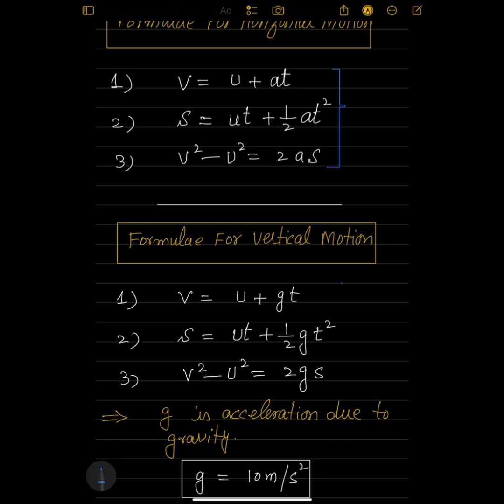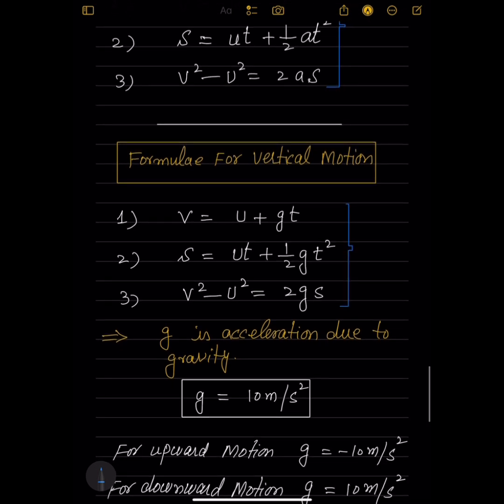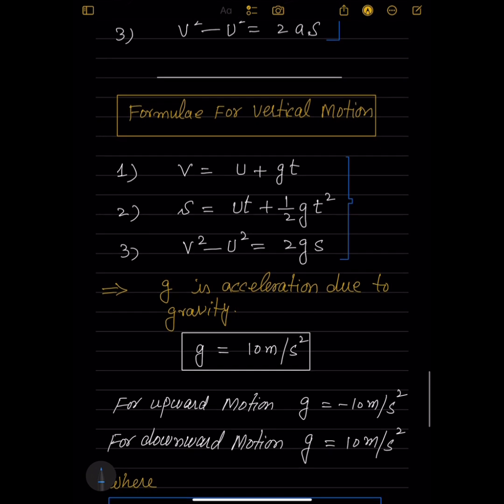So these equations are: first is v is equal to u plus gt. अब हम a नहीं लेंगे, vertical motion के लिए g यूज़ करेंगे. g is the acceleration due to gravity. Second is s is equal to ut plus half gt square. And the third equation of motion is v square minus u square is equal to 2gs, where g is the acceleration due to gravity.